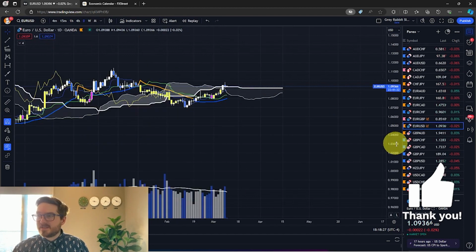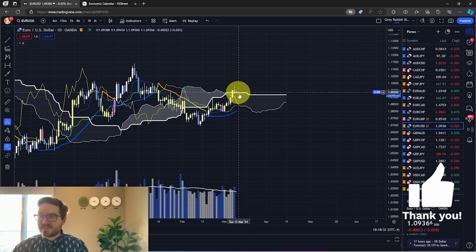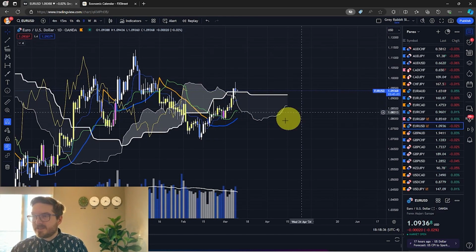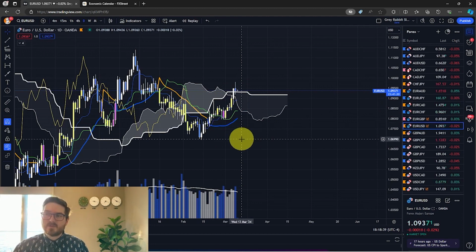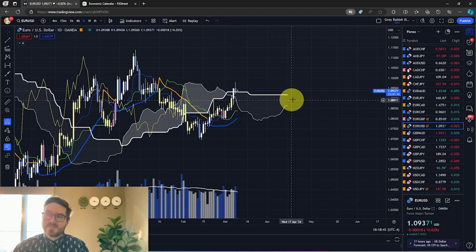Now let's look at the daily. So guys, I have this marked as a ranging pair because price is pretty much hovering inside the Kumo cloud here. We did get 3 out of the 3 Sanyaku Kouten signals. However, you can notice that we did not get a bullish Kumo cloud twist yet.